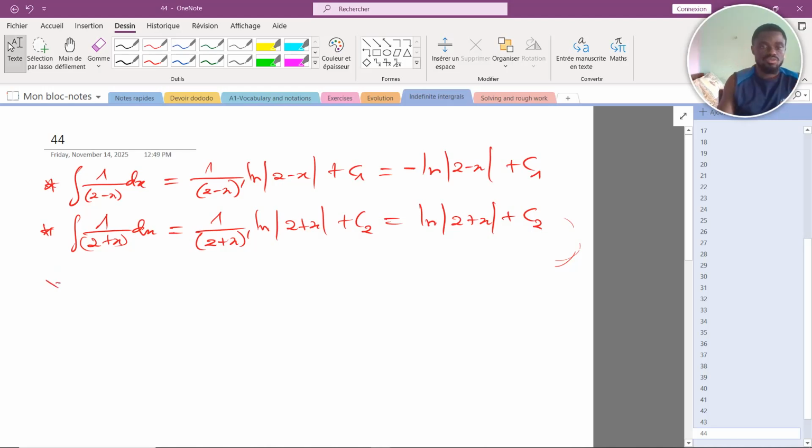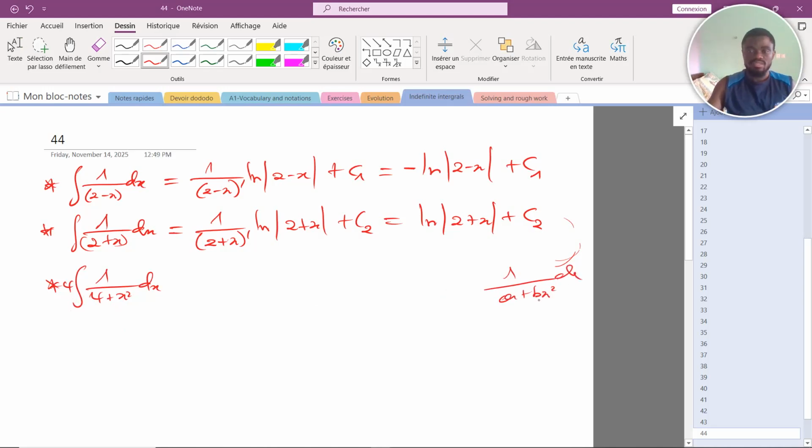Now let's proceed to the integration. We have 4 times the integral of 1 all over 4 plus x squared dx. To integrate this, we know that this already resembles the integral of 1 all over a plus bx squared dx, with the only difference that in place of a we have 4 and in place of b we have 1.